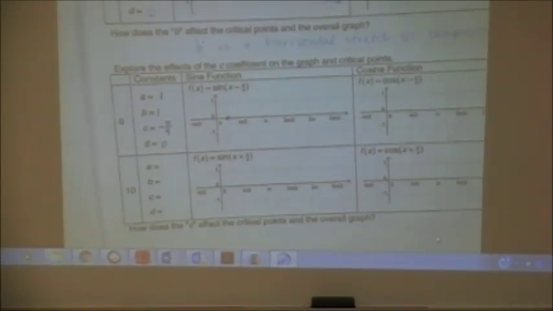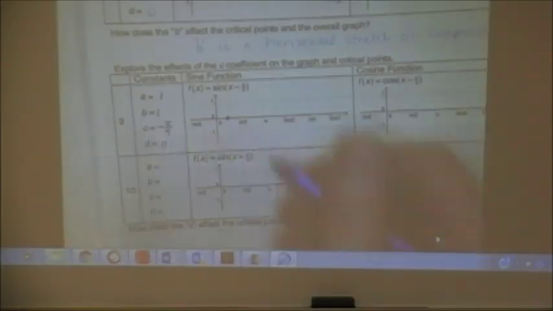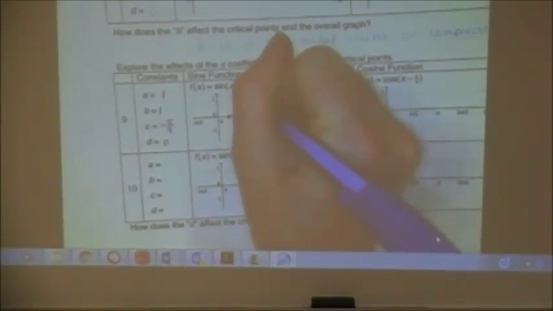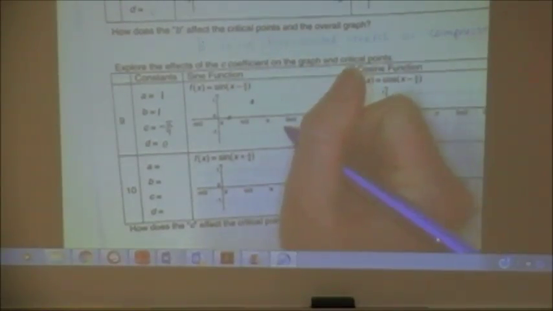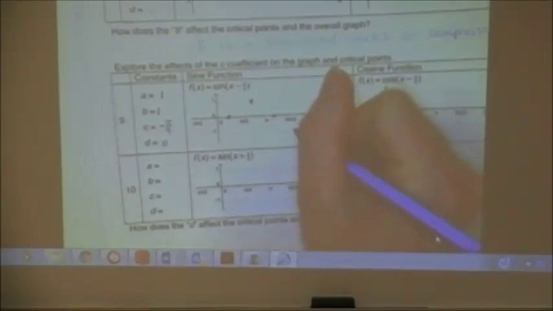Your next point was at pi over 2. Now it's not going to be at pi over 2 anymore. We're shifting it over a fourth, so it's at 3 pi over 4, which would be right here. So everything just gets shifted over.